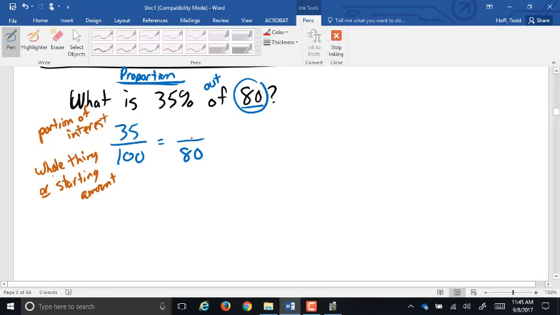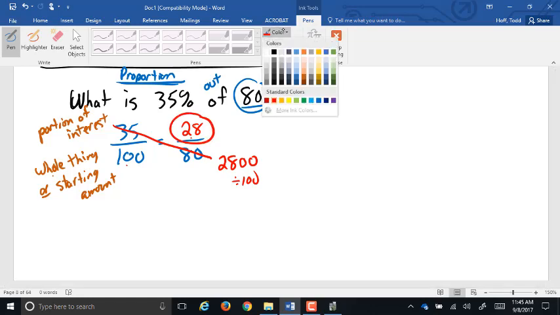Now to find that missing number, we can use that tool we talked about: cross, multiply, and divide. 35 times 80 is 2,800. And then we divide by the 100, which is 28. So 28 is 35% of 80.